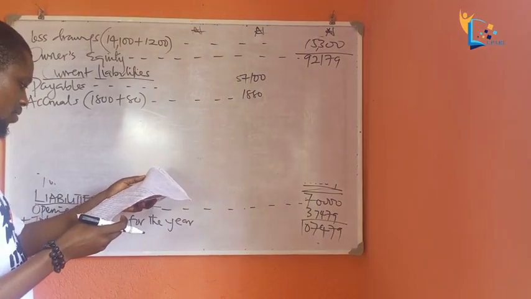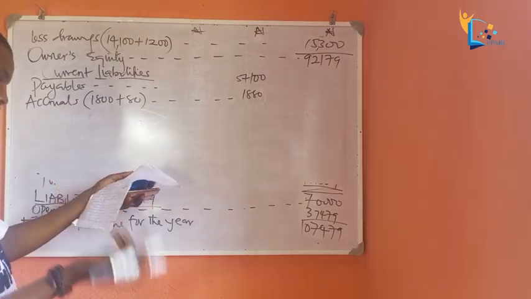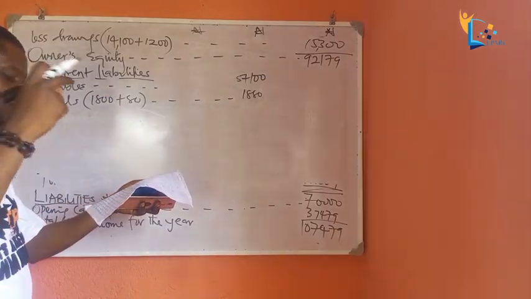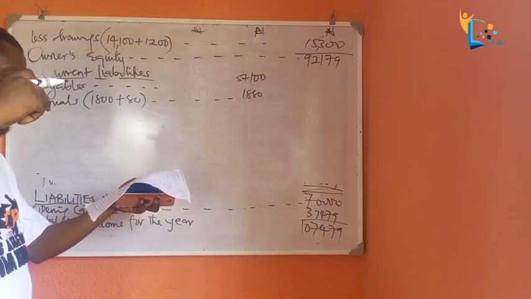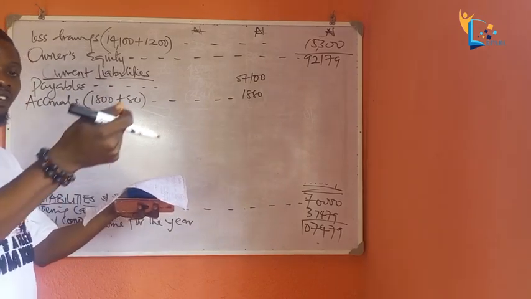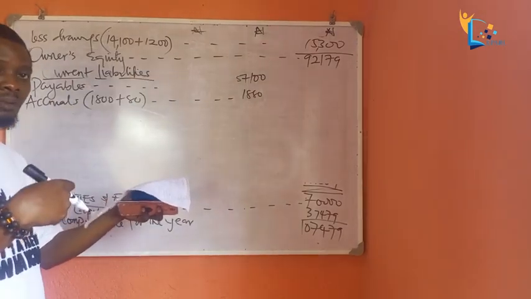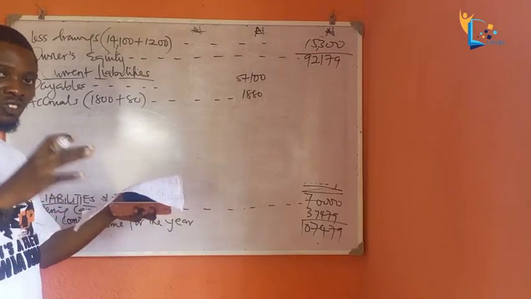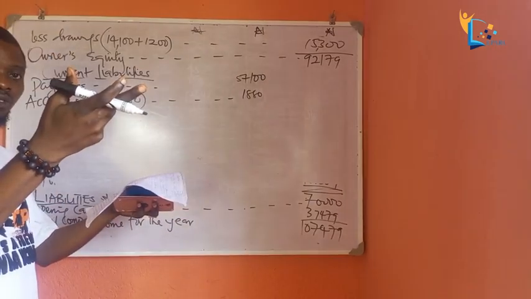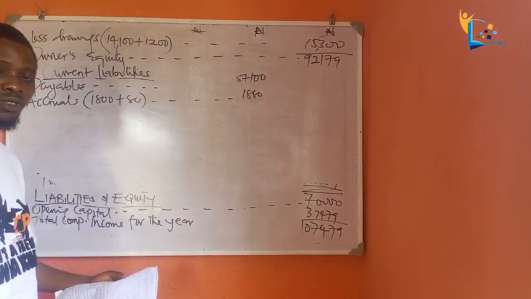Let's see another one. Do we have rent received in advance? It is a liability, because you are receiving money that is not yet due. Somebody's rent is for 2025 and the person has paid you in 2024.